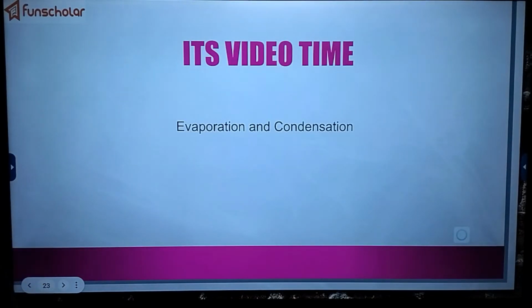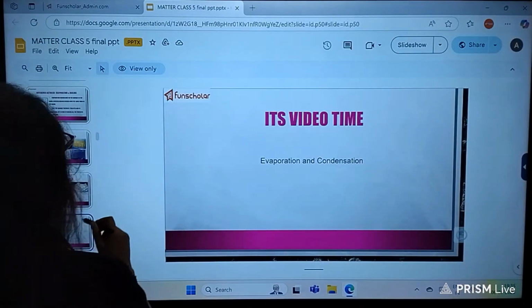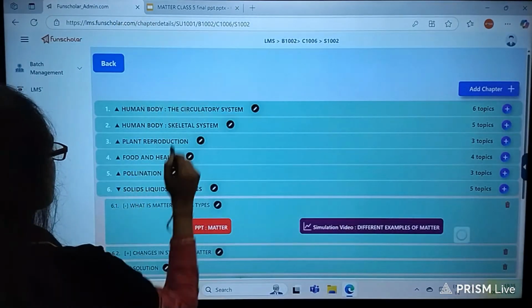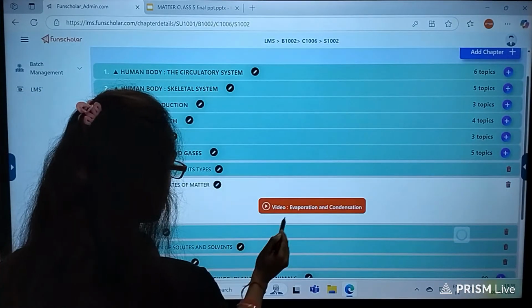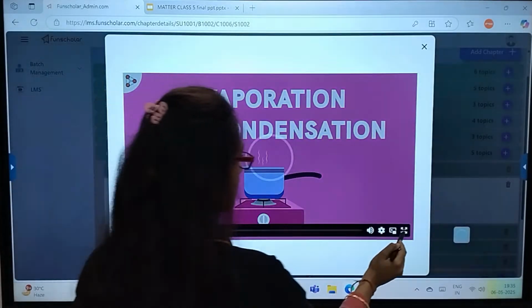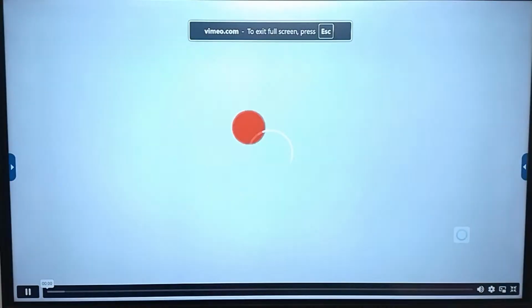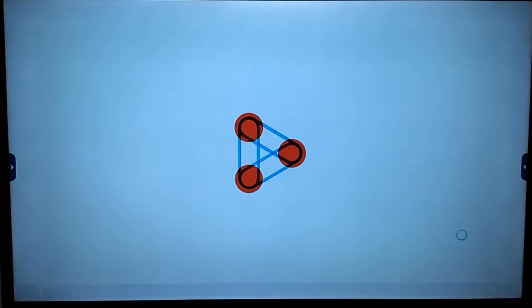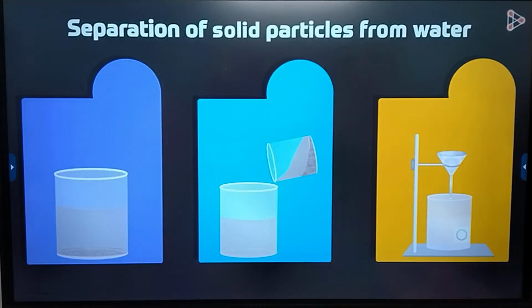Okay, now there is a video time. We have seen a few methods of separating solid particles from water and now are well versed with these techniques.